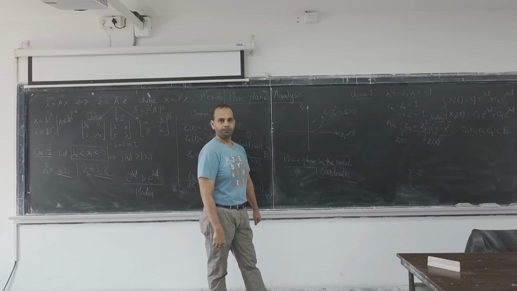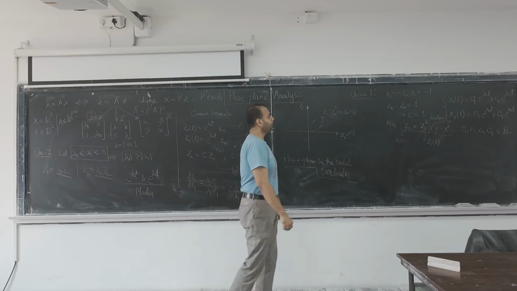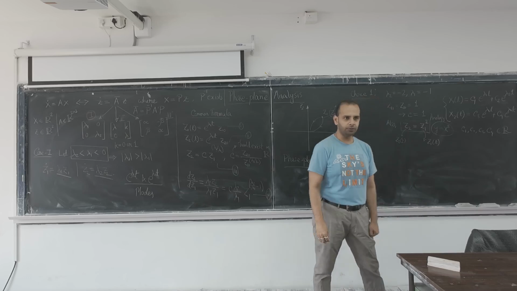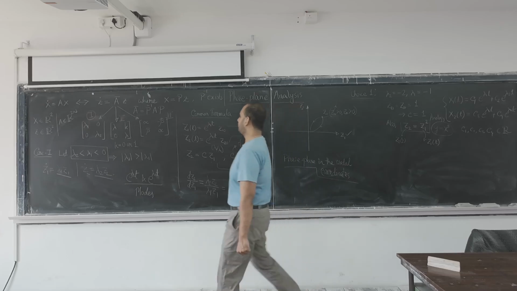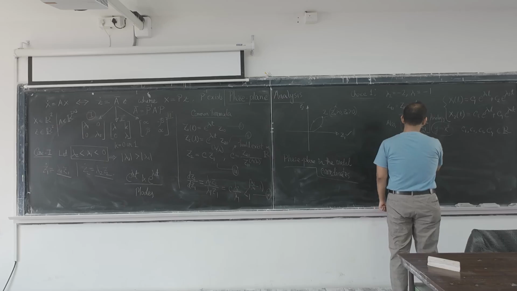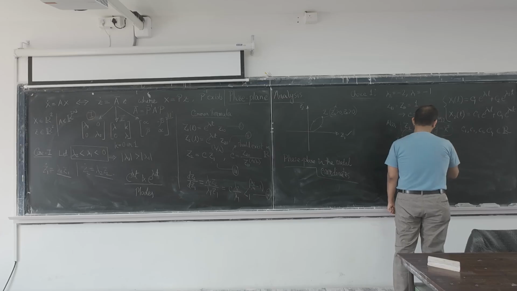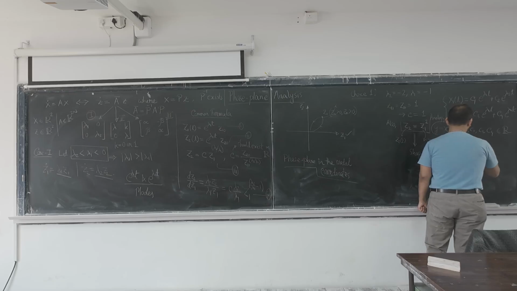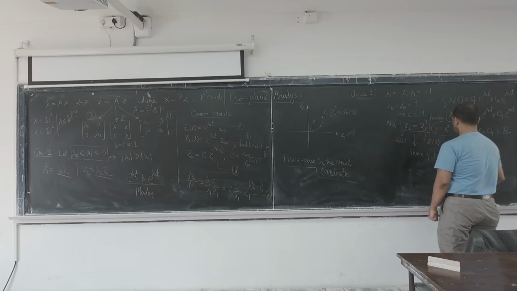Once again, starting from this point, whether it will come this side or that side, we don't know. Either you have to decide analytically, I mean mathematically, or you can prepare a table with respect to the numerical values and then draw. So today we will learn both, so that your basics become stronger.